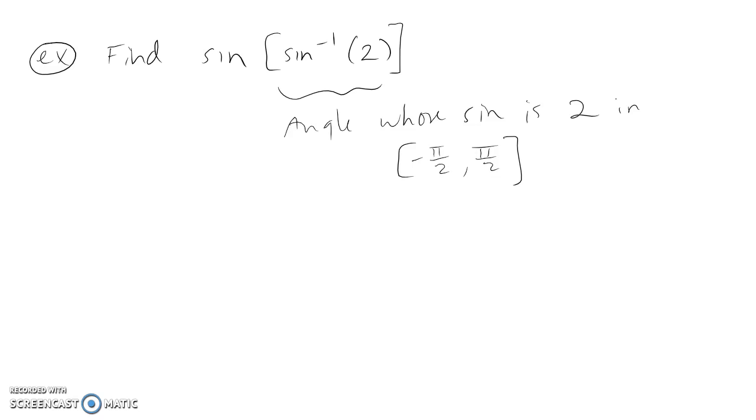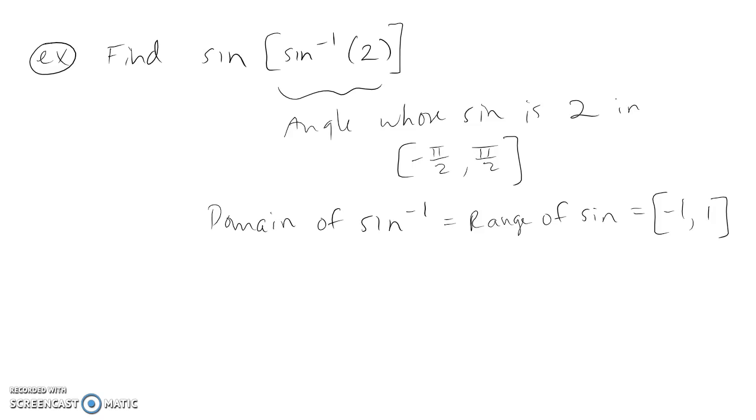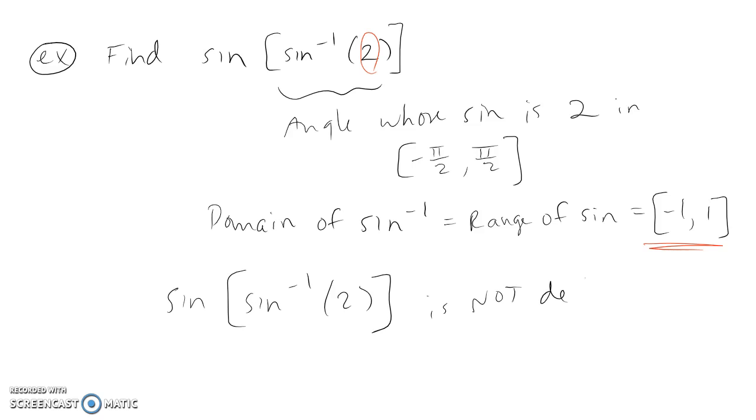Well, the range of sine, which is the domain of sine inverse, is negative 1 to 1, right? So this 2 right here is not in the domain of sine inverse. That means it's not even defined. So we say that sine of sine inverse of 2 is not defined.